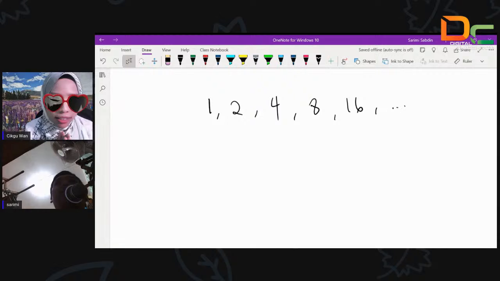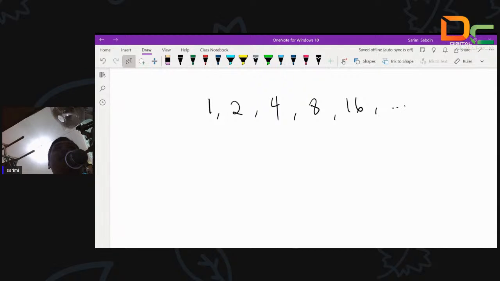Right, so when we write down the sequence in a comma form, we arrange in a comma. So this is what we call a sequence. Just a little bit of introduction. And if we write down, for example, 1 plus 2 plus 4 plus 8 plus 16 and so on, this is what we call a series.